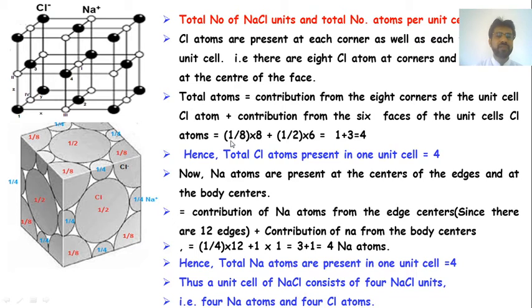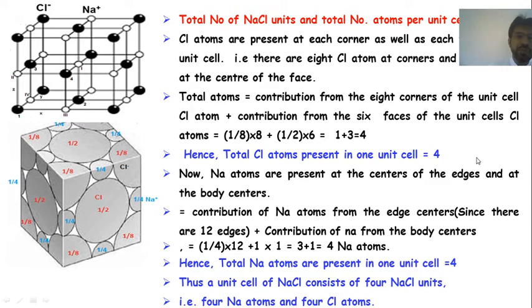Therefore, 1/8 multiplied by 8 plus 1/2 multiplied by 6, you will get 1 plus 3, so equal to 4. Hence, we can say that the total number of chlorine atoms present in this unit cell is equal to 4.